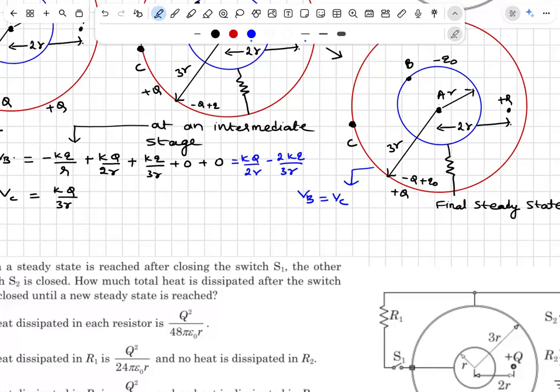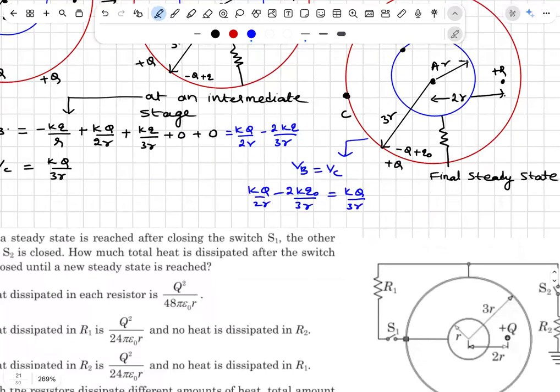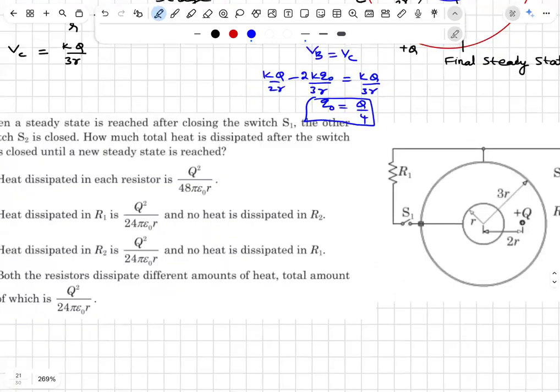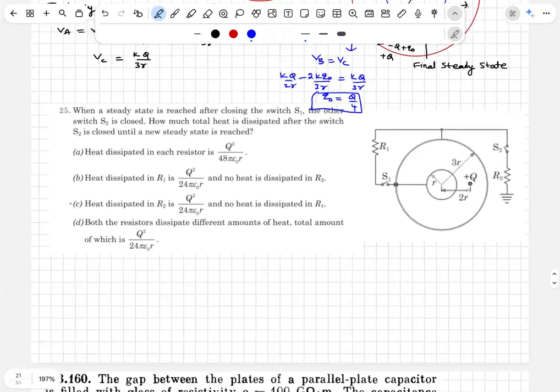So now you will equate KQ by 2R minus 2KQ naught by 3R to KQ by 3r. In this process, you will prove that Q naught is Q by 4. Trust me, I do not have much space here. A very good move from my side in handling this part.